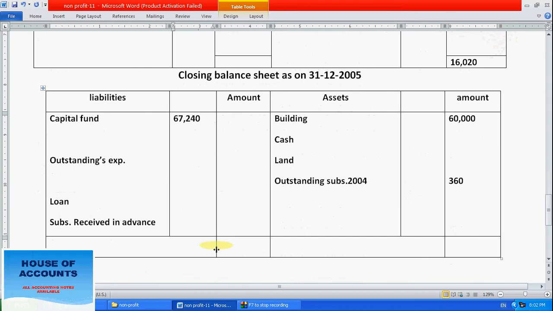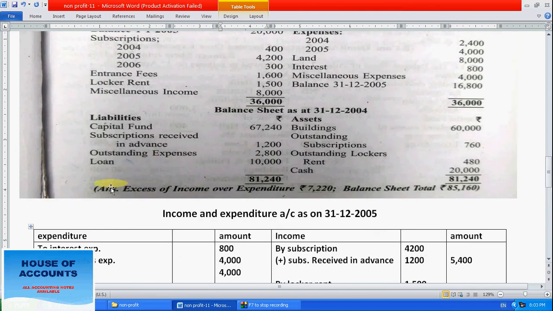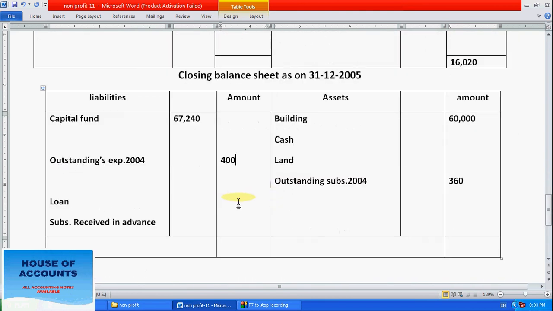So what we have to do? Outstanding expenses right here, 2004 pending expenses, how much? It's 400. Now outstanding expenses over loan, how much? 10,000. There is nothing in loan, so directly write here 10,000.